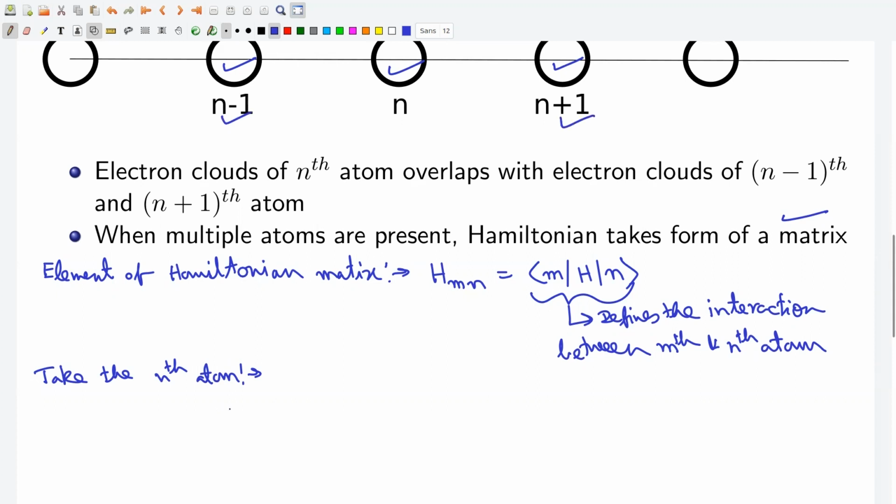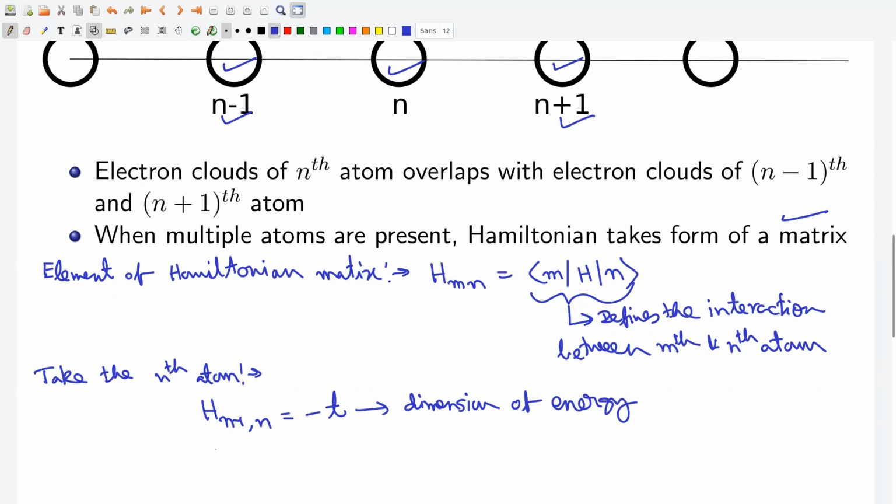Then the elements of Hamiltonian matrix corresponding to the nth atom are H_{n-1,n} = -T, where T has the dimension of energy.